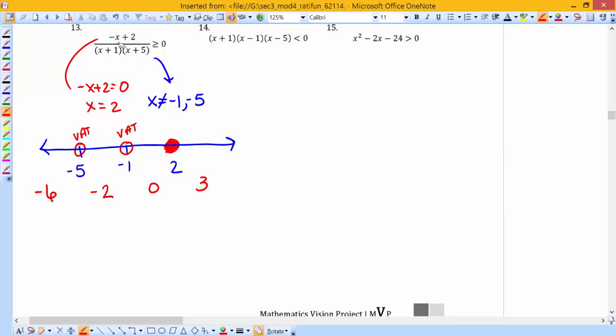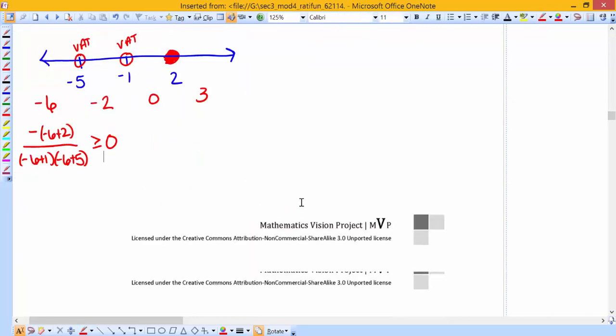So let me erase that so I can see it. So -6 plus 2, -6 plus 1, -6 plus 5. And I'm checking to see if they are greater than or equal to 0. So here, I'm going to do one at a time this time.